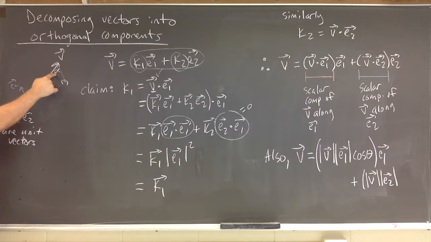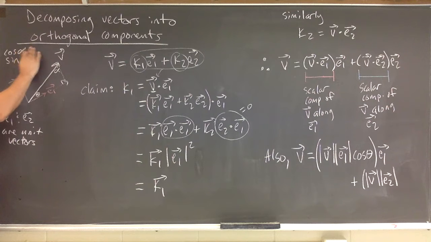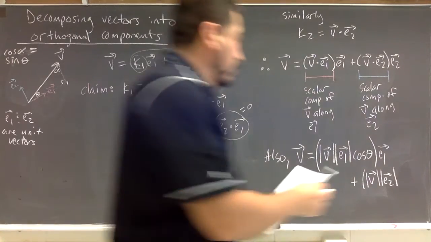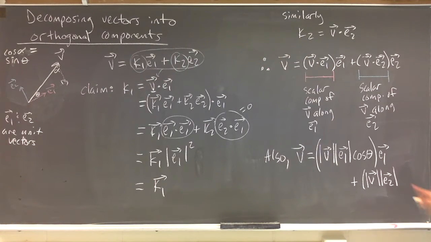However, we also know from right angle trig that the cosine of alpha in a right triangle is just going to be equal to the sine of the other angle. So the cosine of alpha and the sine of theta are equal to each other. And so instead of saying cosine of alpha, which is what the definition for that dot product formula would be, we're going to replace that with sine theta times E2.